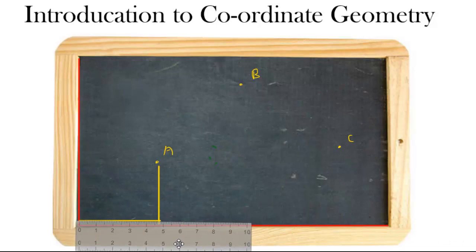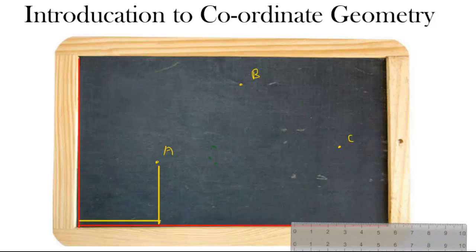So this horizontal distance is about 4.5 centimeter. So let us write here 4.5. Let us measure the vertical distance.